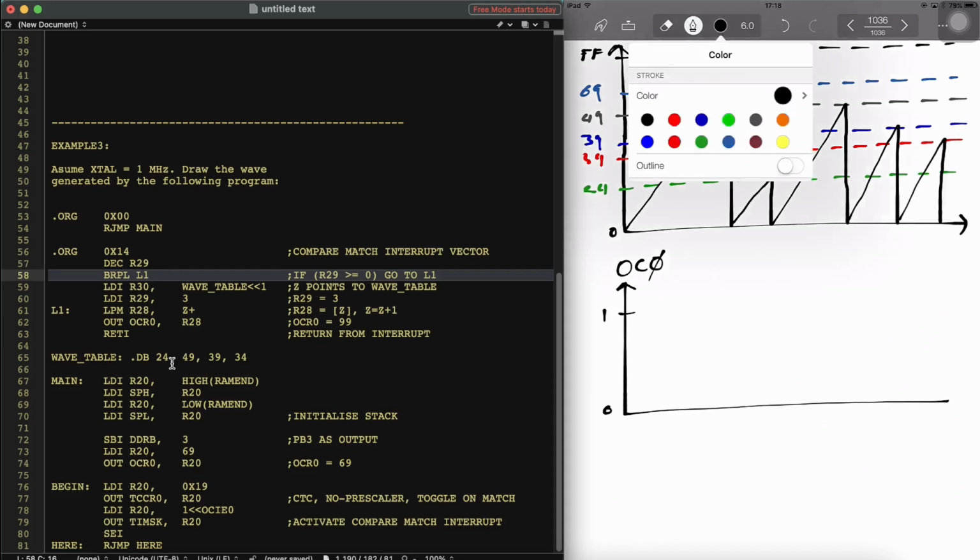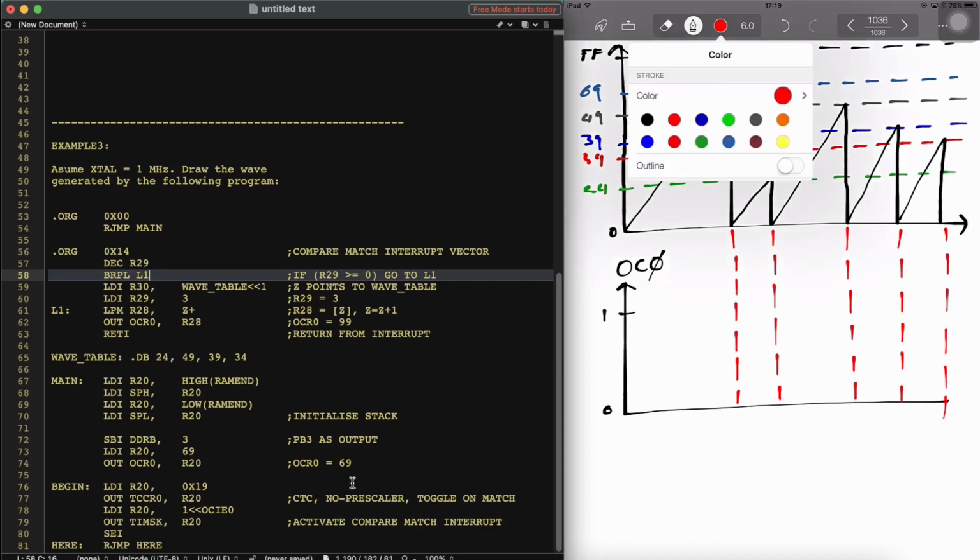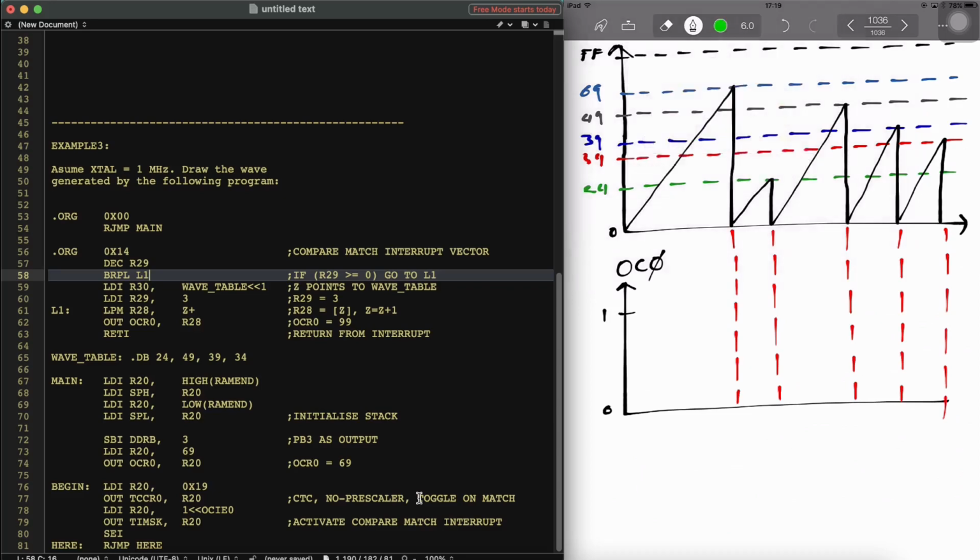So we have to look at each of those points now that we have got compare match. So we drop down each of those points. And then all we need to do is toggle it, because it's a toggle on match, and we can generate the waveform.